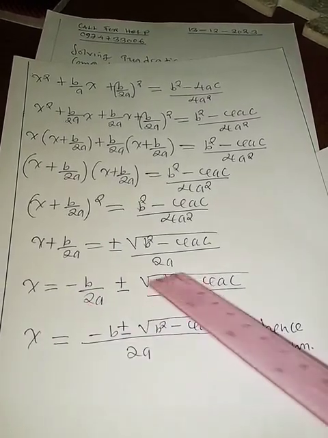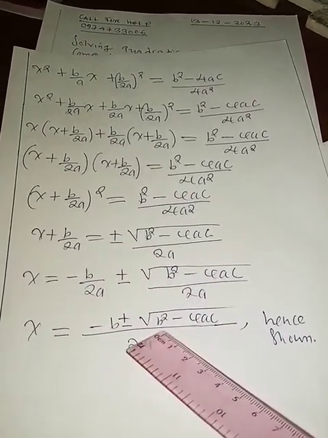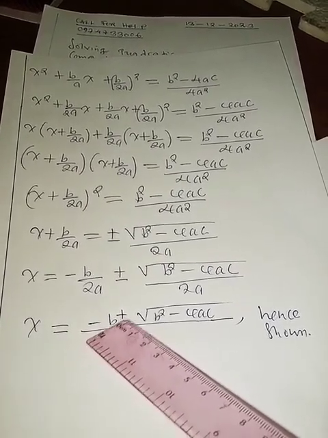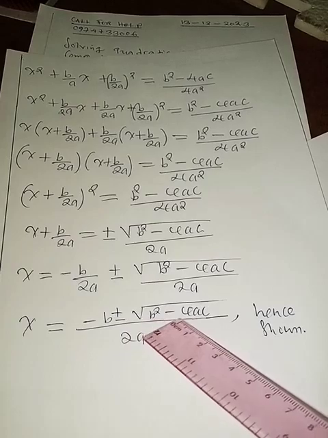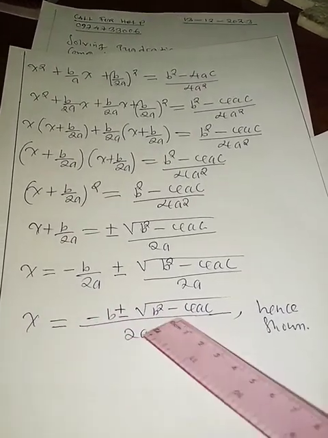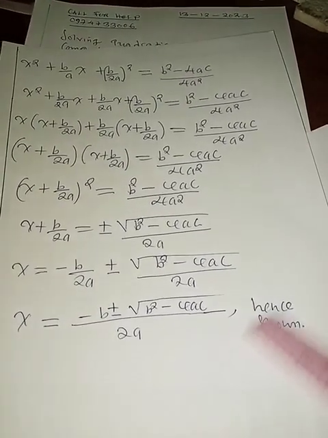Now, writing this as a single fraction, we have this. Hence, x is equal to negative b plus or minus the square root of b squared minus 4ac over 2a. This is the one you call the quadratic formula, hence the proof, or hence shown.